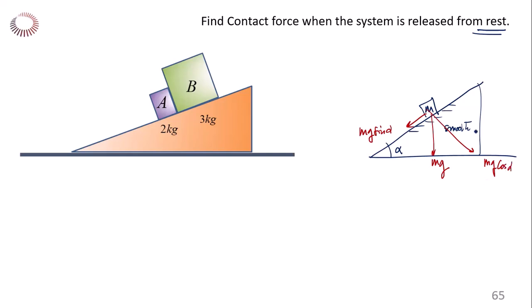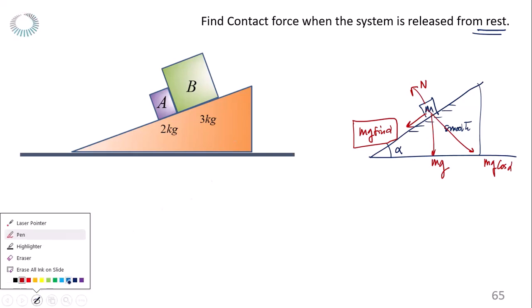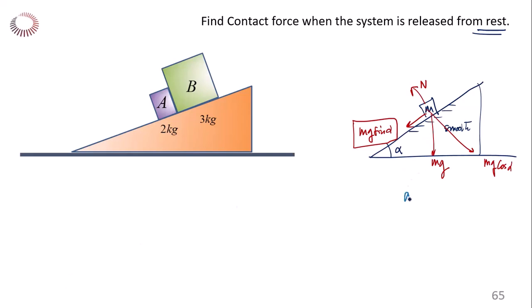Now this mg cos alpha force is balanced by the normal force, and mg sin alpha is the unbalanced force. With this force, the mass m is being pulled downward. So the acceleration of this particle is a equals mg sin alpha, that is the force, divided by mass, that means g sin alpha.